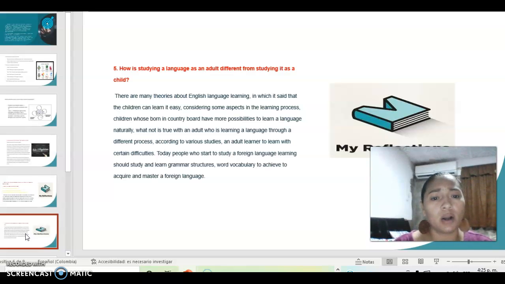Children who live in a country will have more possibilities to learn a language naturally, while an adult learns a language through a different process, with certain difficulties according to various studies. Today, people who start to study a foreign language should study and learn grammar structure and vocabulary to acquire and master a foreign language.